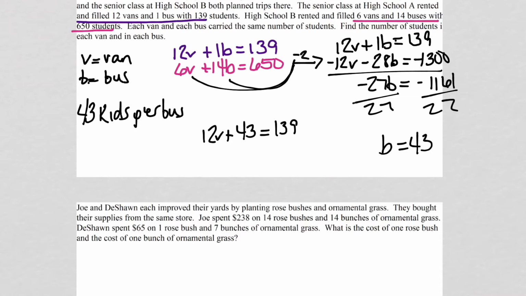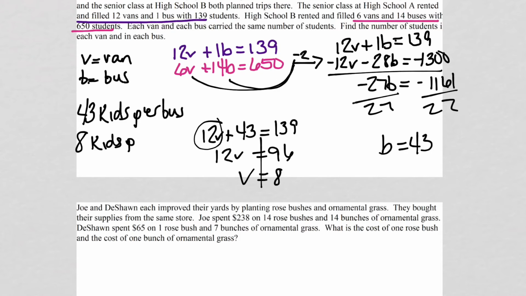To solve this, I begin by circling what I'm solving for, dropping my line, and I take 139 minus 43 to get 96. So now I have 12V equals 96. How do I undo that multiplication? I divide. So every van held 8 students. So 8 kids per van.